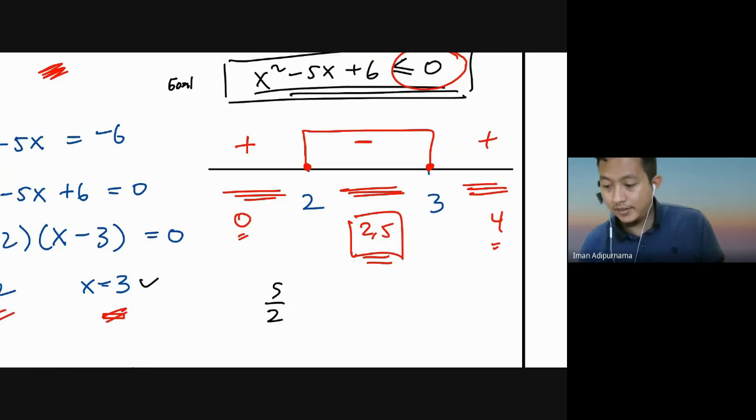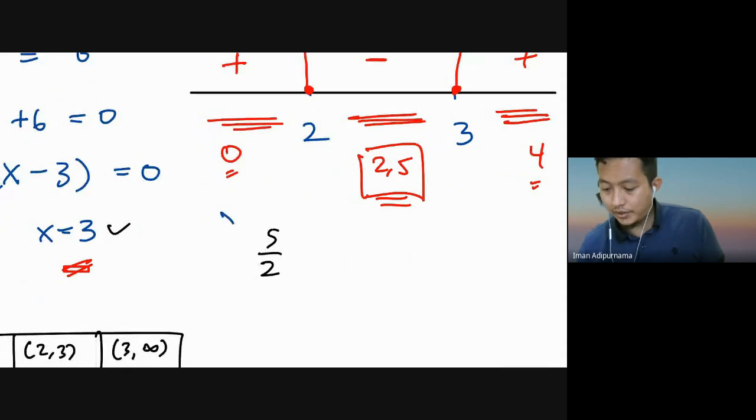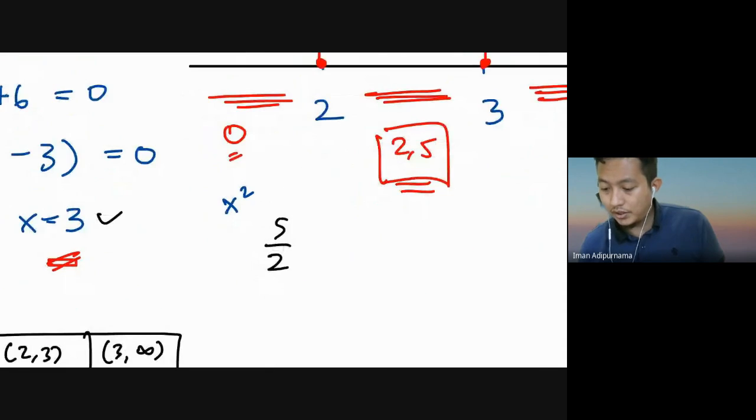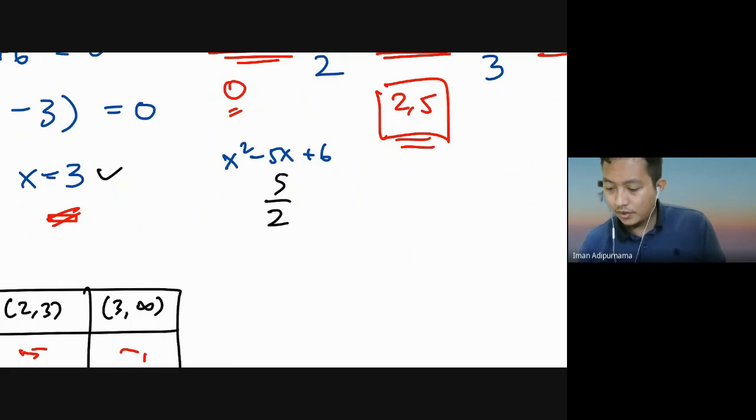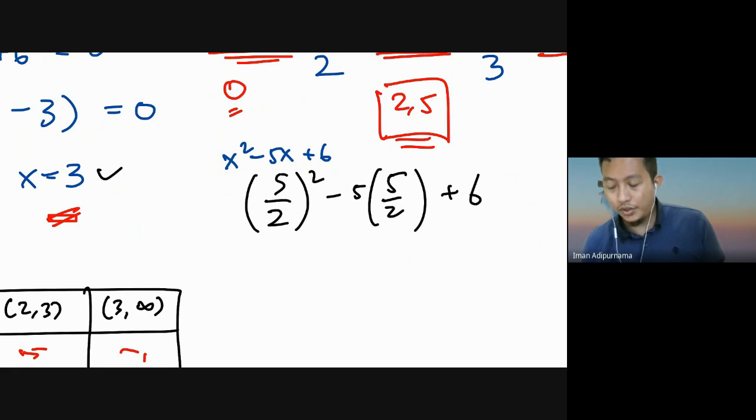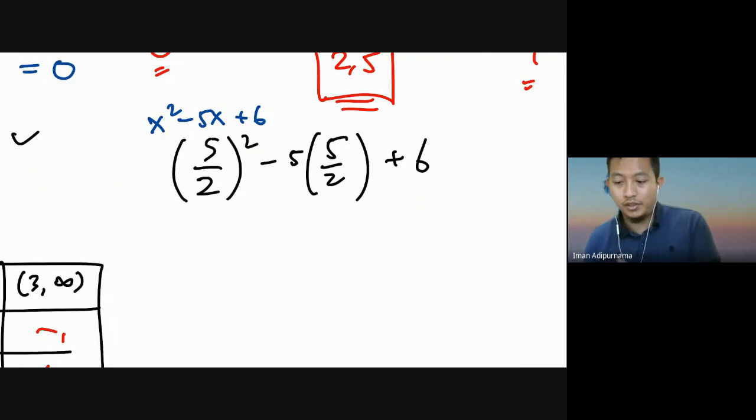So we have x squared minus 5x plus 6. Let's put it in: 5/2 squared, minus 5 times 5/2, plus 6. We need to calculate what this will be.